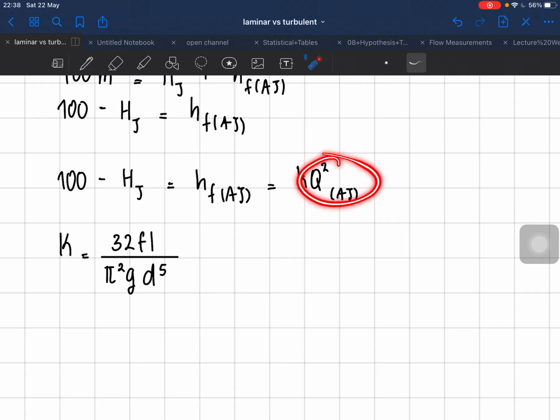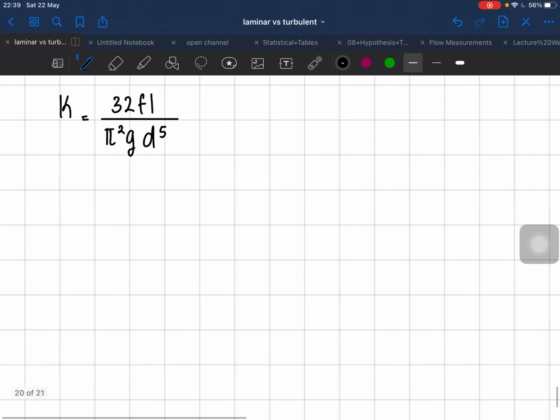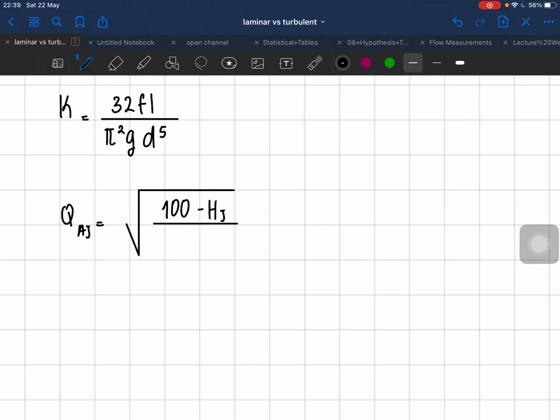So what we're trying to find is Q AJ, which equals this. I would say this is the square root of everything, because we're trying to isolate Q. So 100 minus the head of J, and HF is the head loss of friction in the pipe.